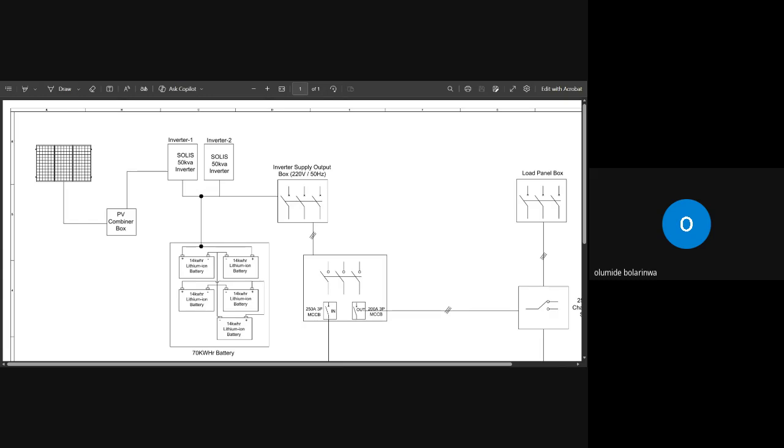Battery is part of the items you need to take care of. Which type of battery? It's not all this our battery we all know. We are talking about lithium battery. Okay, we've talked about your inverter.